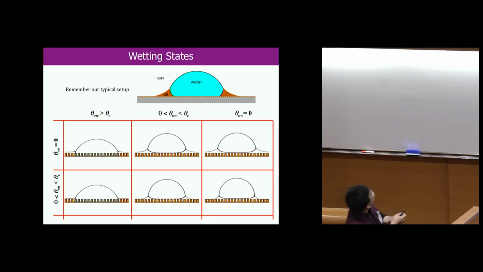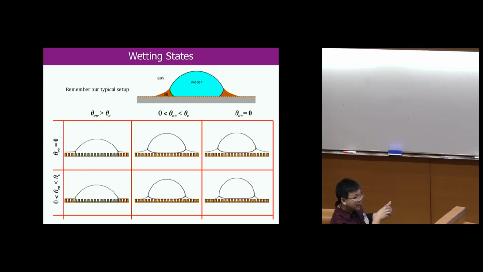But on the other hand, if you have chosen your oil poorly, so for example, here you have chosen the oil-water contact angle to be larger than the critical contact angle for penetration of the oil, you basically get something similar to the Wenzel state. So the droplet is penetrating the corrugation, so that's actually bad. Typically in experiments, you choose these four states.